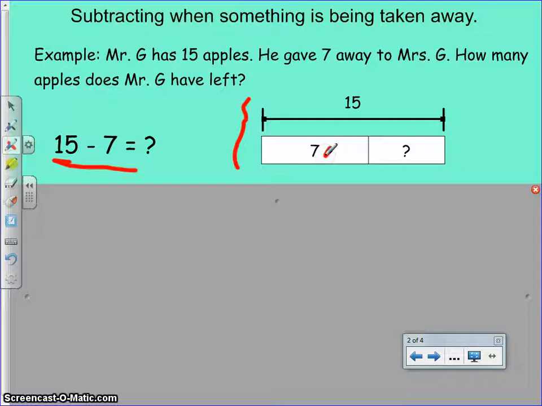And so this question mark is, well, how many do I have left? Notice how 7 and this missing number is going to equal this big part here, or it's going to equal the 15.